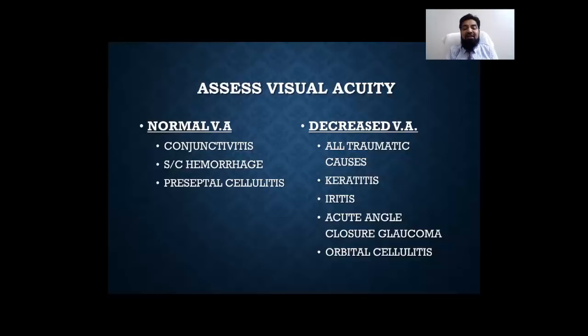When someone has a subconjunctival hemorrhage or periorbital cellulitis, the vision is normal. And if the vision is decreased, it means the cause is trauma, keratitis, iritis, acute angle closure glaucoma or orbital cellulitis. It means visual acuity is very necessary prior to treating the patients.